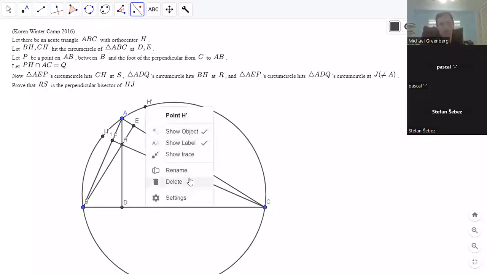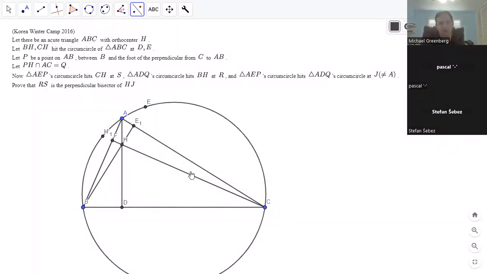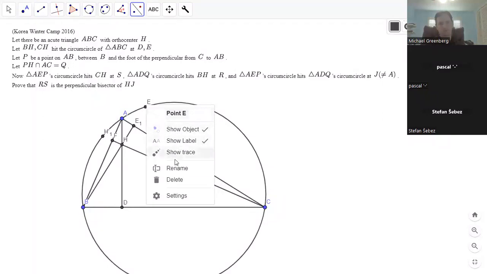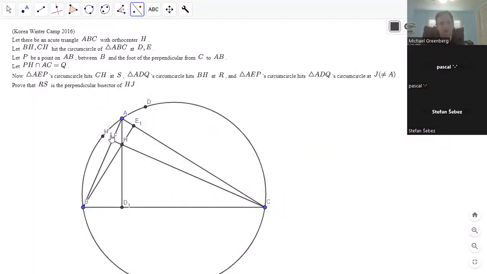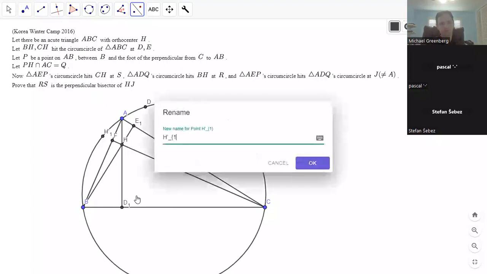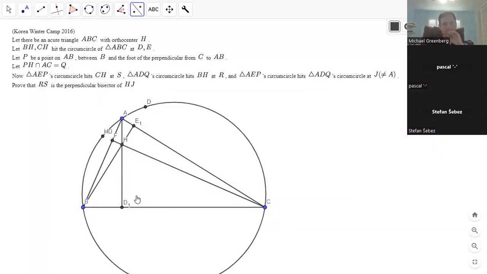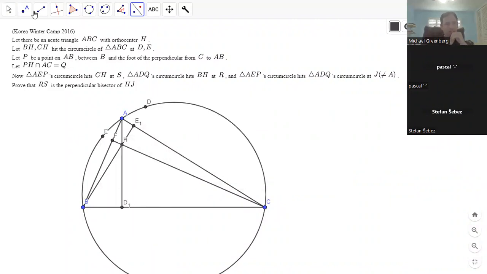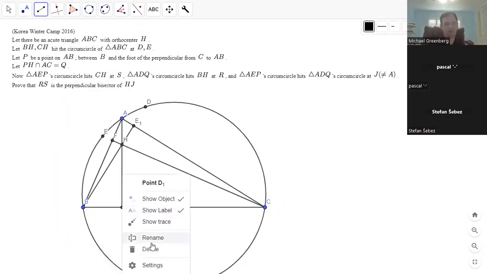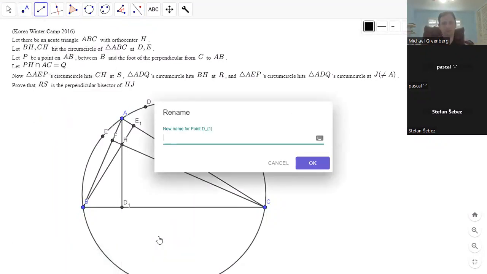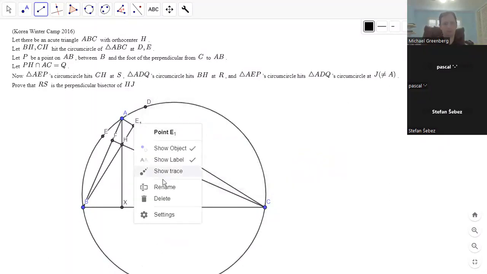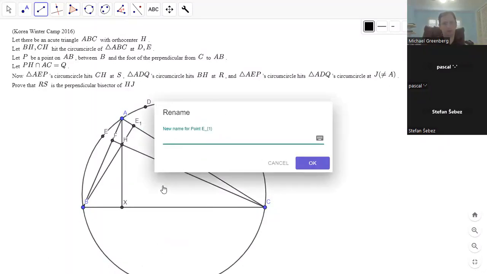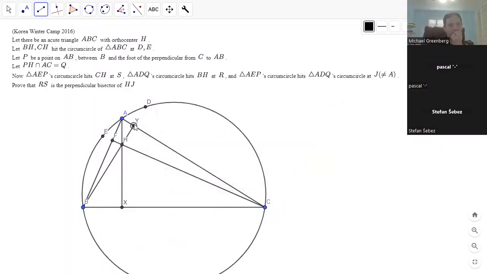And this will be D. This will be E. All these X and Y or something. And E is on AB.